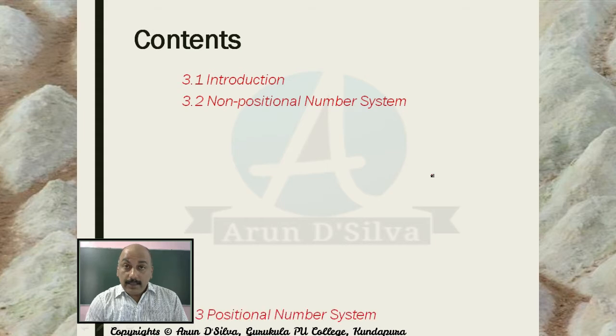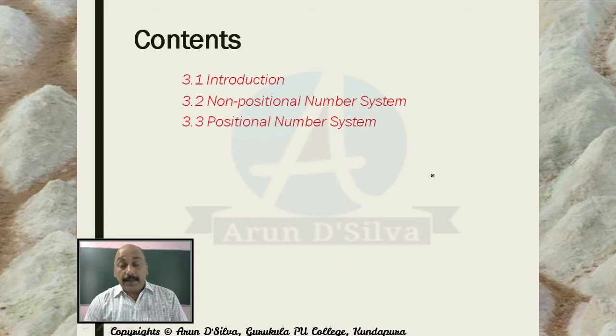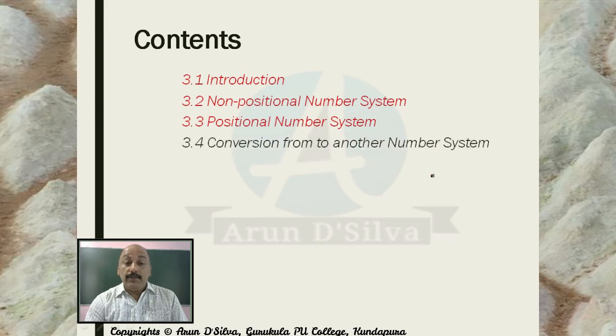In the number system, we have already seen two types: non-positional number system and positional number system. In positional, we have learned the four types of number system: decimal, binary, octal and hexadecimal.